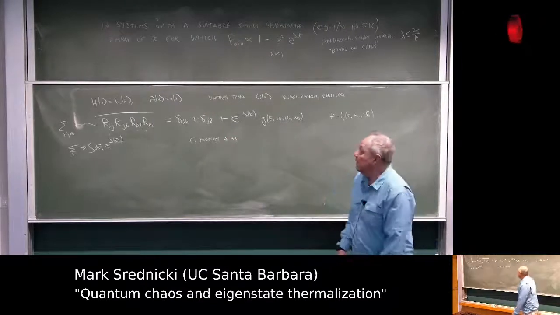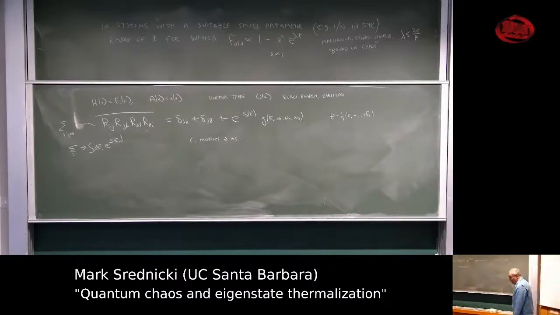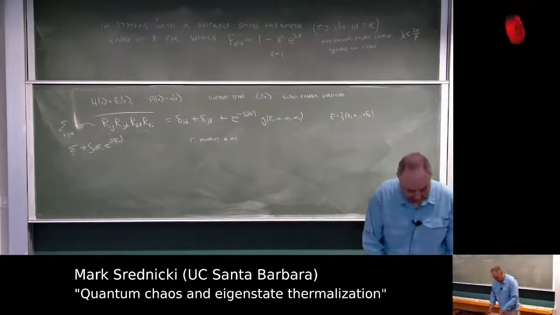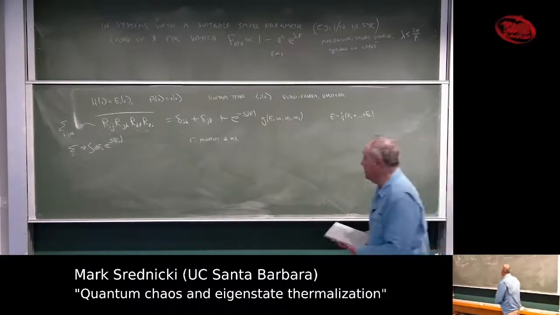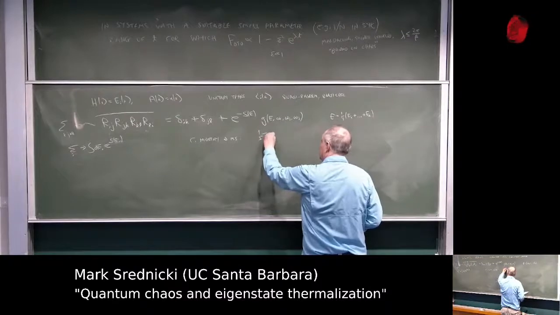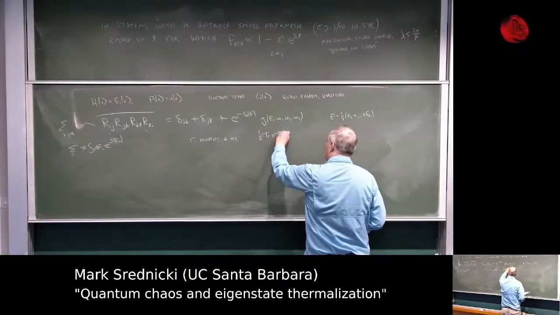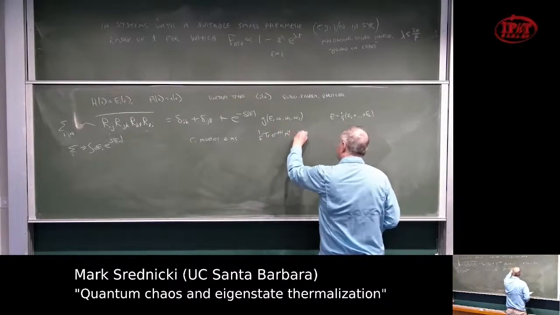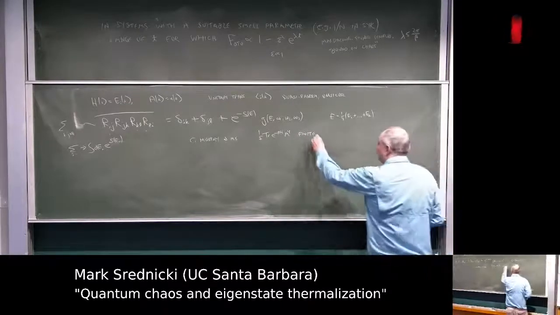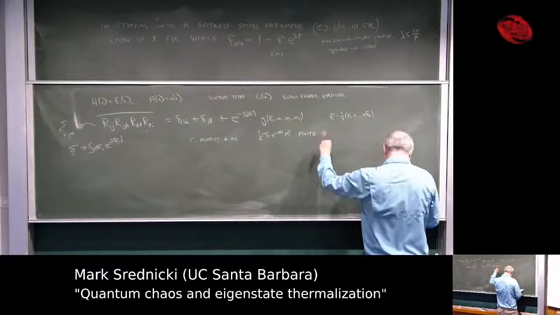And so just like we were able to argue that the f function had to fall off at large omega, one can use a similar argument, again, assuming that trace e to the minus beta h to the 4th should be finite.